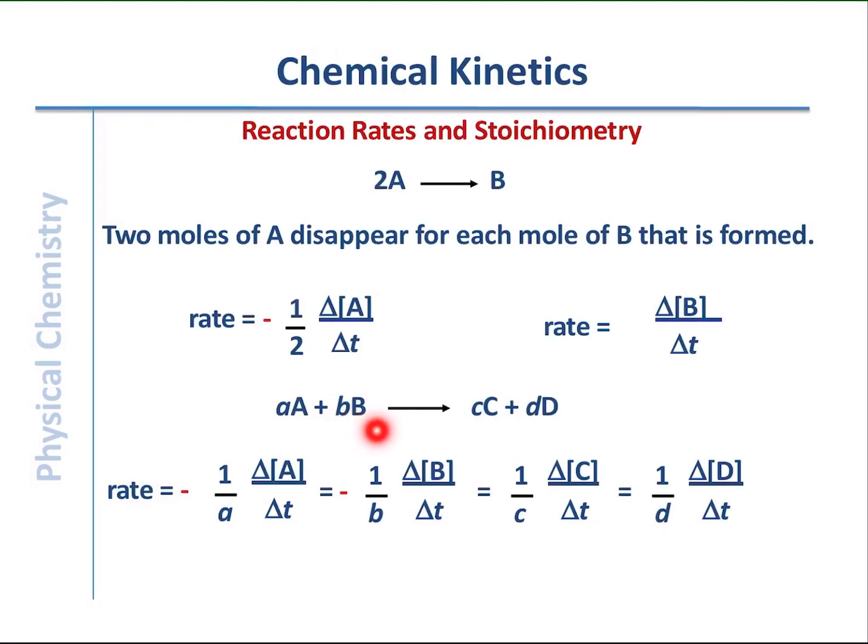And the rate according to B will be delta B over delta T divided by small b. The rate of C, the same thing, and the rate of D, delta D over delta T divided by small d, which is the number of moles of D in the reaction.